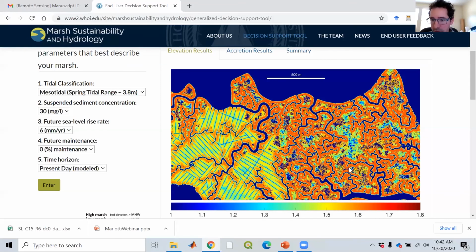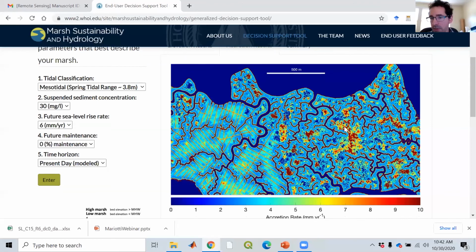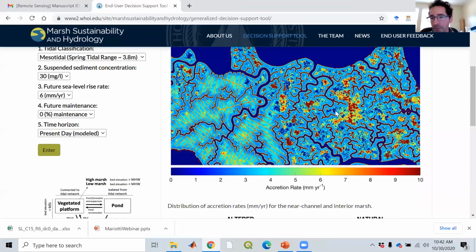And this, for example, is a still connected pond, and in the connected pond the accretion is pretty much zero. And then you have the unponded area, which is at an accretion rate of 3 millimeters per year, which is kind of the standard accretion equal to the rate of sea level rise.